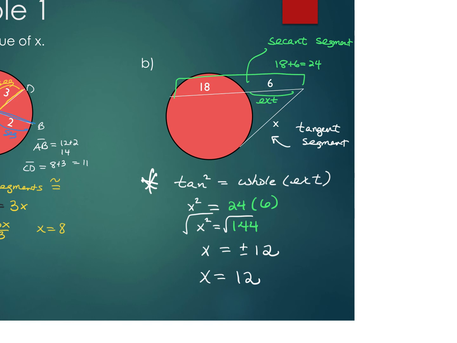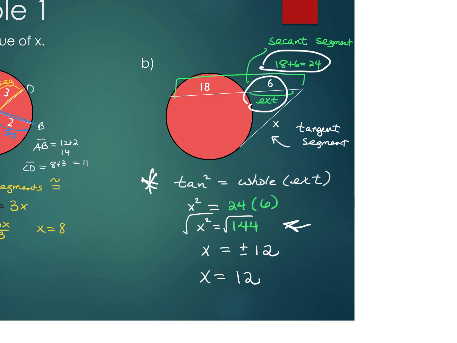So from my picture, my tangent is x, so I'm going to square it, x squared. My whole secant, I can find by adding 18 plus 6, and I get 24. And then the external piece is the 6. I'm going to multiply 24 times 6. I get 144.